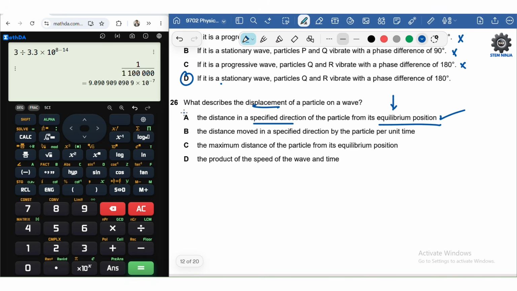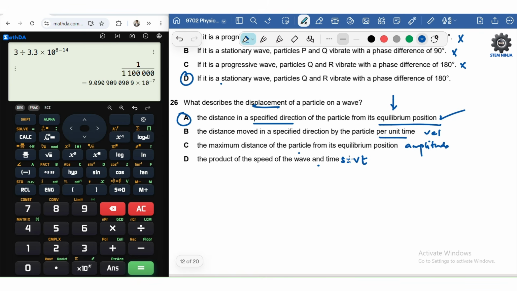Distance moved in a specified direction per unit time, that is your velocity or speed. Maximum distance of a particle from its equilibrium position, that is your amplitude. Product of speed of the wave and time, that is something else. But speed of the wave and time gives you the distance of the wave.